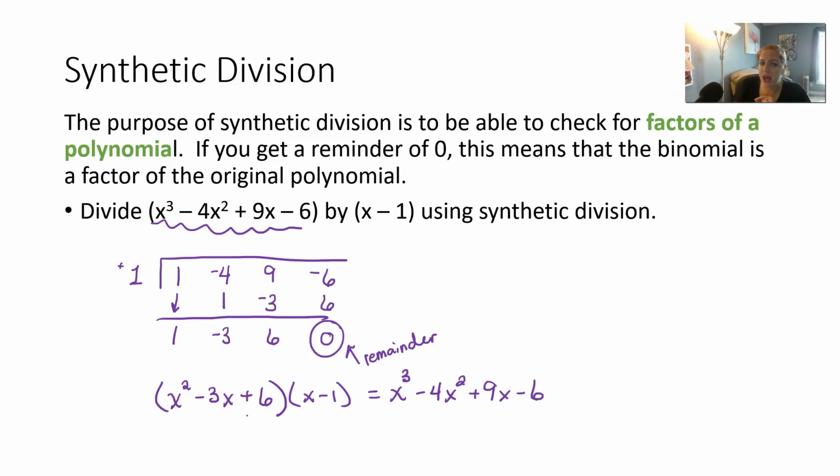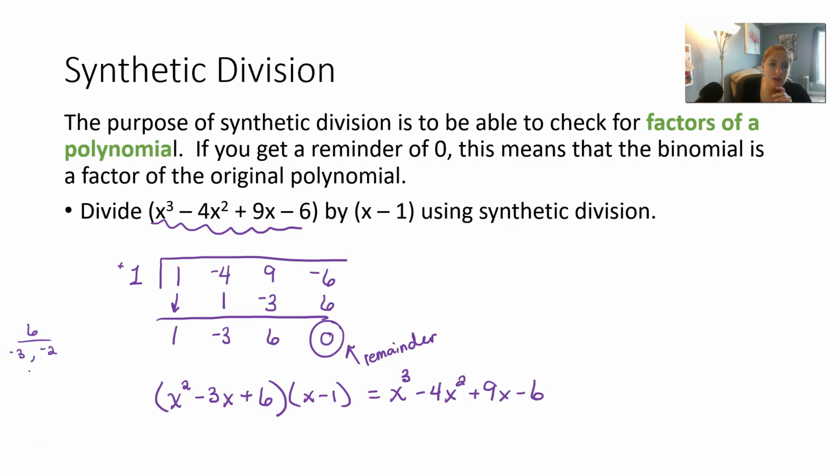Now you could go ahead and factor this again if you wanted to. This is a simple trinomial. So we're just looking for what multiplies to give you 6 and adds to get you -3. What's that going to be? +6. So 2 negatives. -3, -2. That's not going to work.